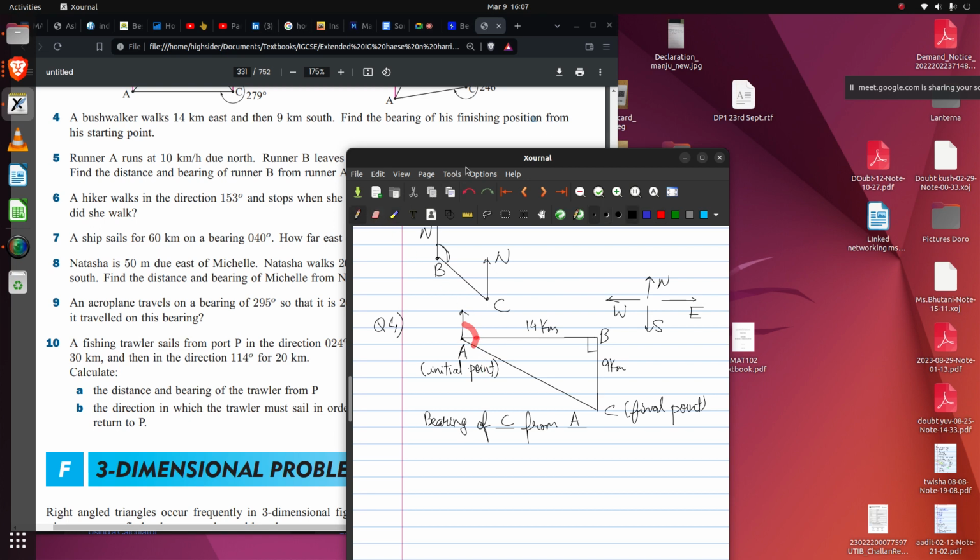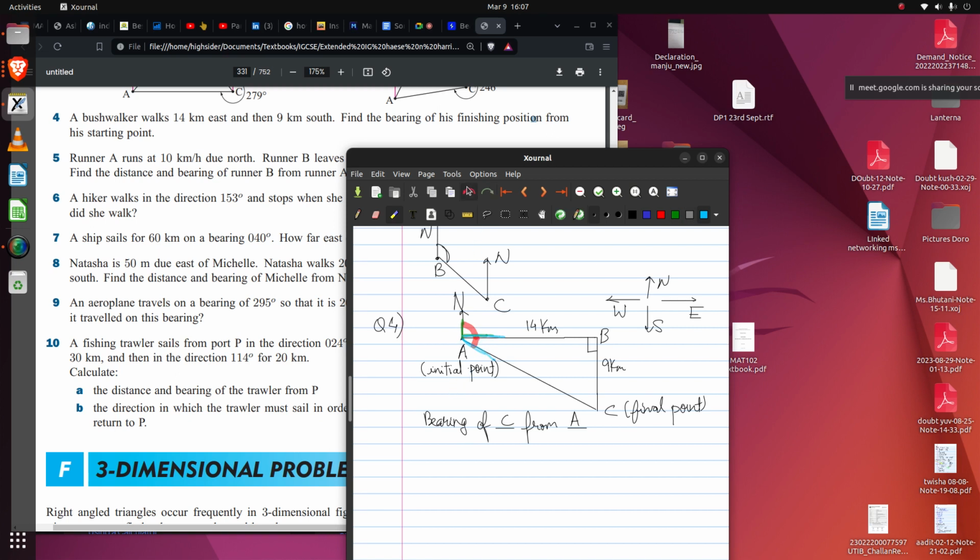Okay. And this entire angle, the red one, is made up of two angles here, correct? Do I know one of the two angles already? The value of one of the angles is already known. I mean, this is one angle, correct? This is another angle.